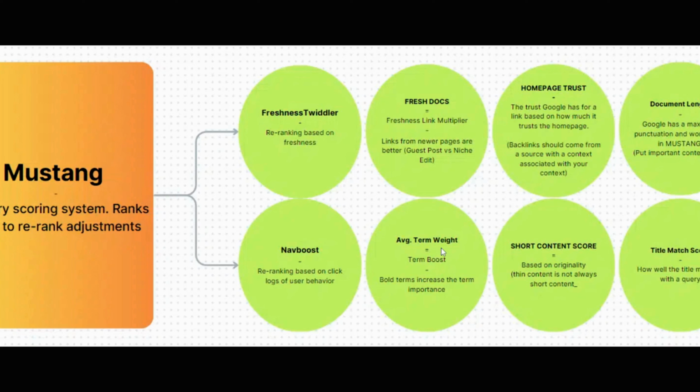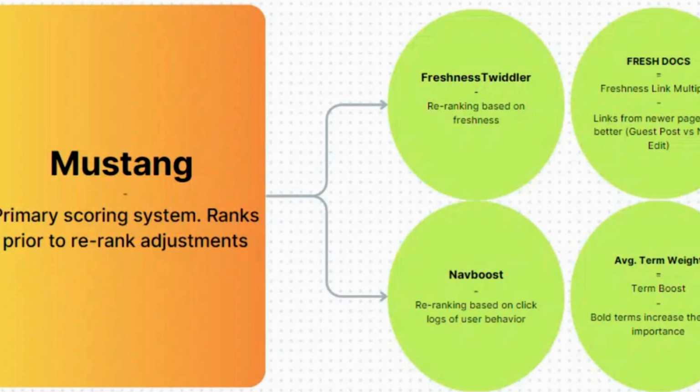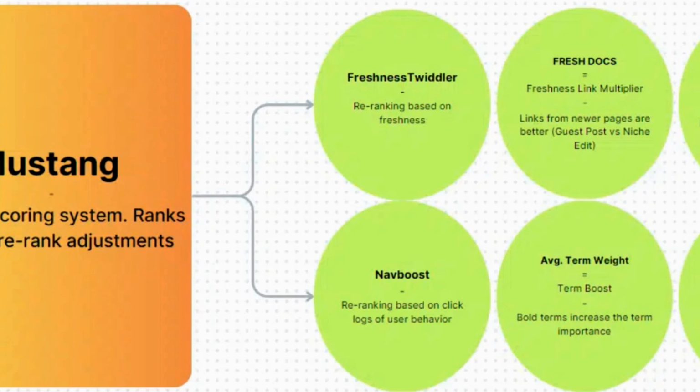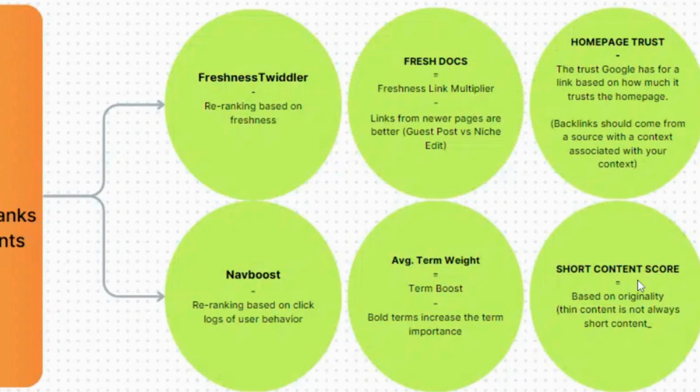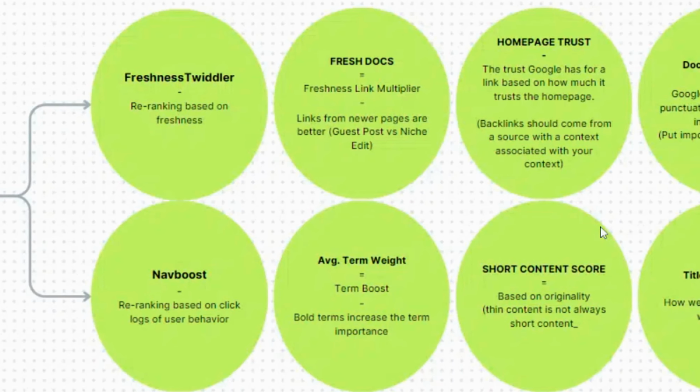Bold terms on the page, so those will get a little bit of a boost. Homepage trust, so this is basically looking at the backlinks coming from sources that are associated with your niche. Short content score, so this is based on originality, and this is going to apply to certain types of content like recipes.